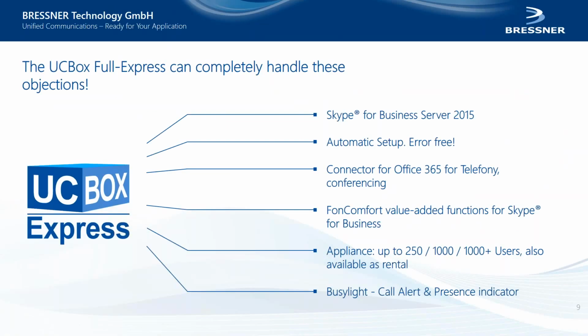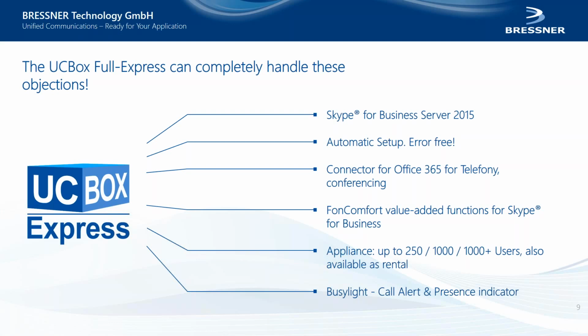We are installing a Skype for Business server in the standard edition. There is a complete automatic setup, so it will be error-free, no mistakes in typing in the IP addresses or FQDNs in the wrong way. We can also have a hybrid environment for the O365.